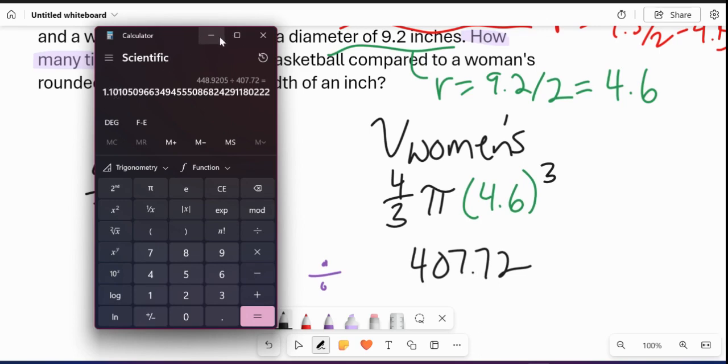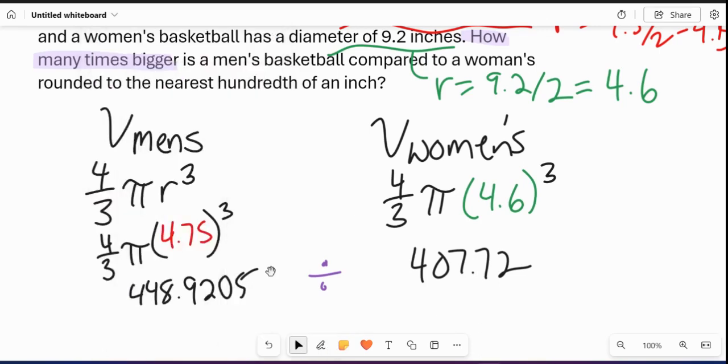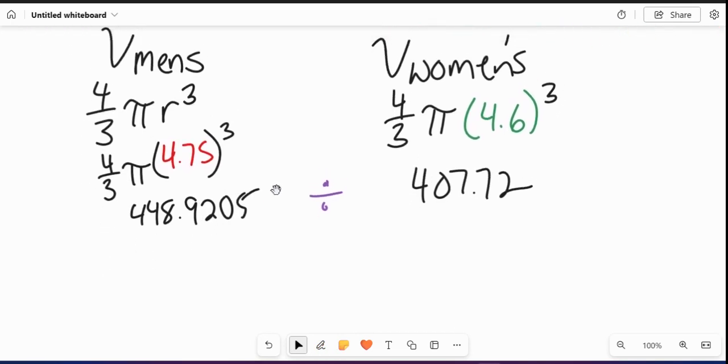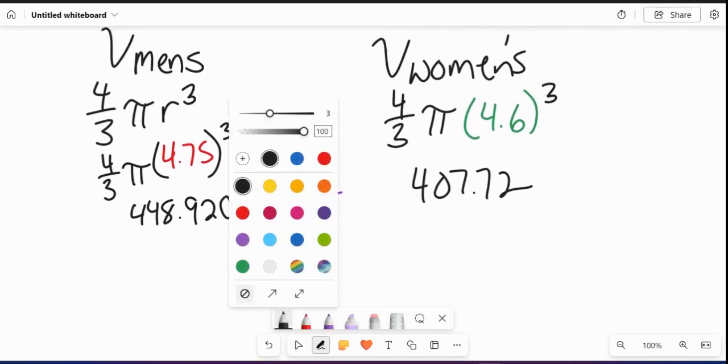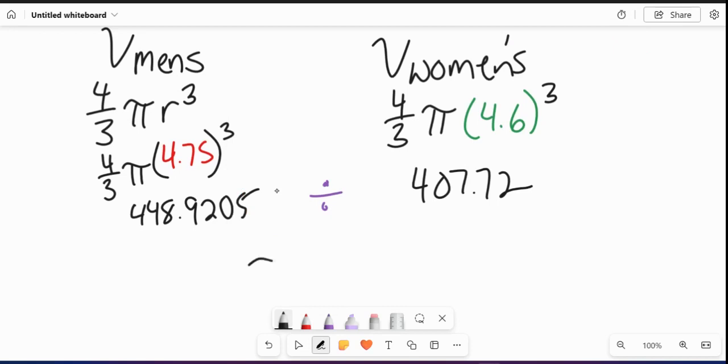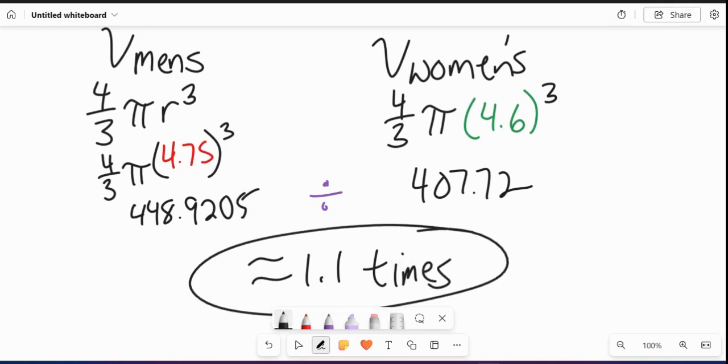All right, so we get about 1.1 times bigger. So that makes sense. It's just a little bit bigger than the men's. I'm sorry, a little bit bigger than the women's. All right.